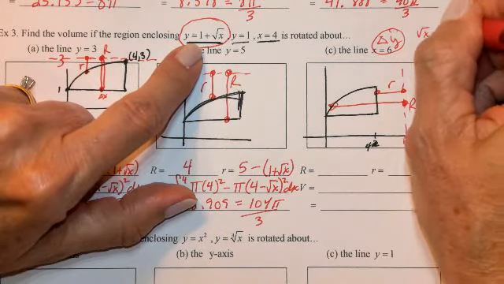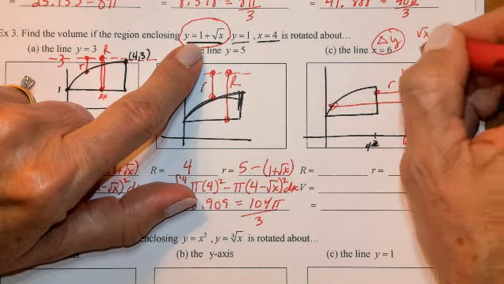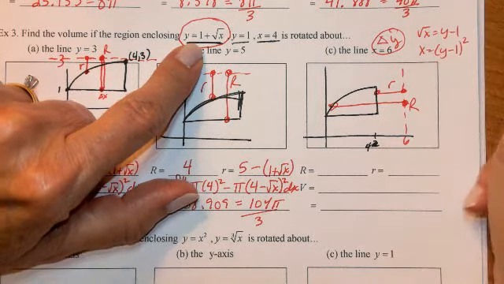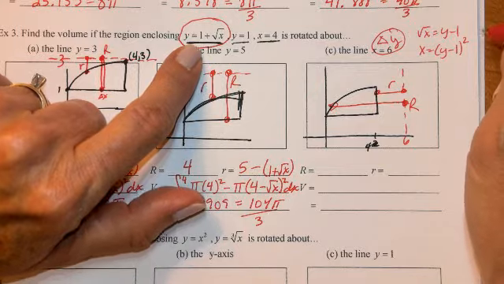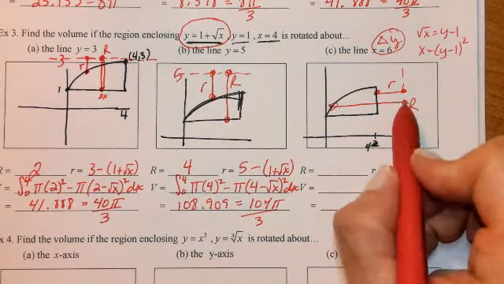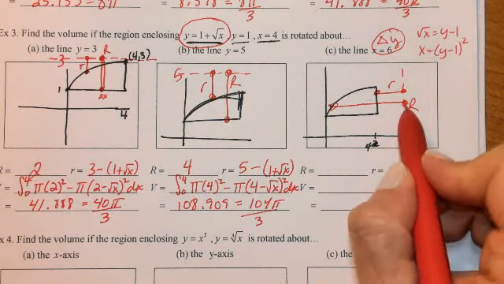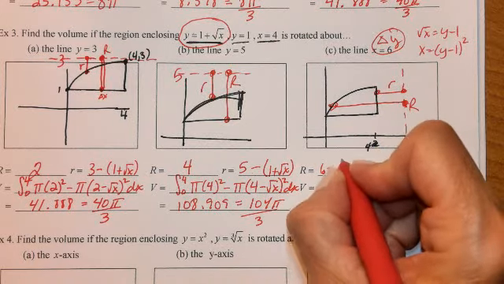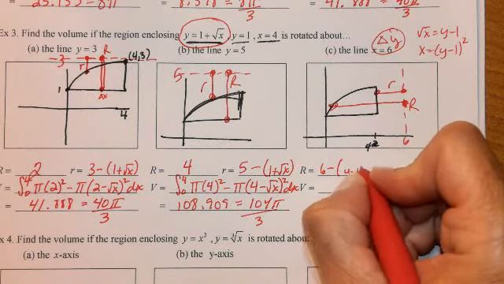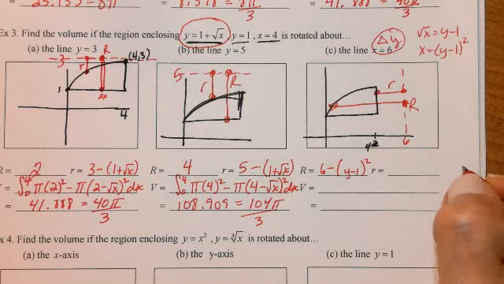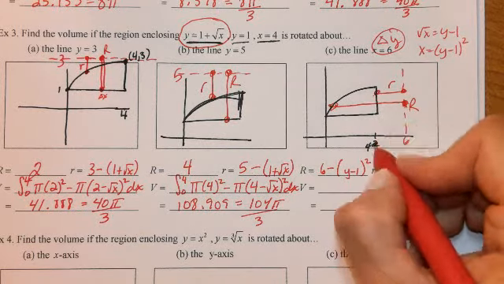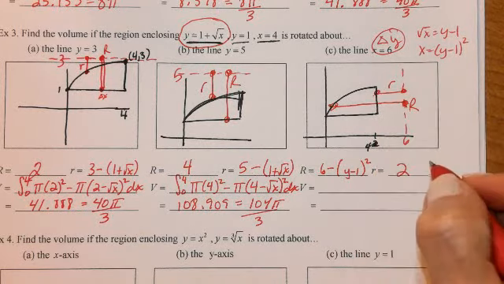Square root of x will be y minus 1. Square both sides. So x will be (y minus 1) squared. So big R will be 6 minus the curve, 6 minus (y minus 1) squared. Little r will be 6 minus 4, which is 2.